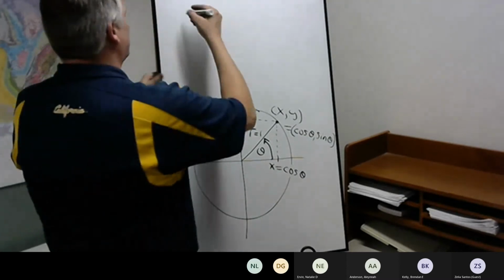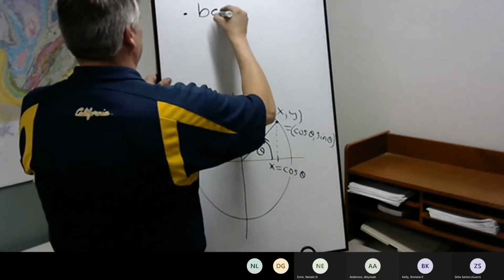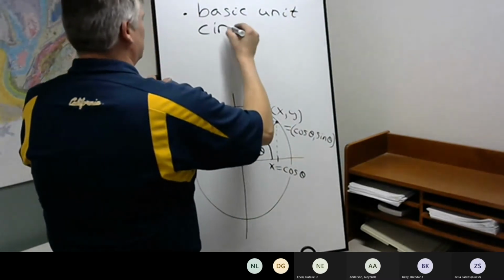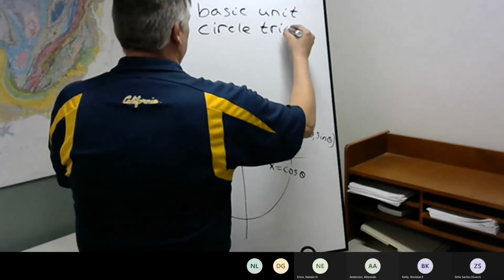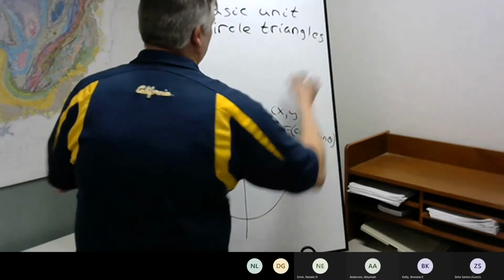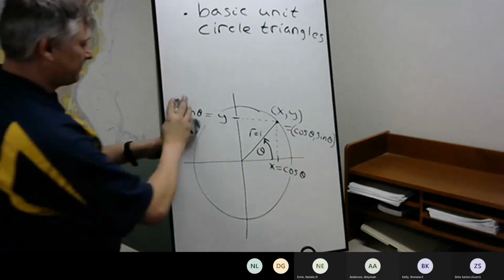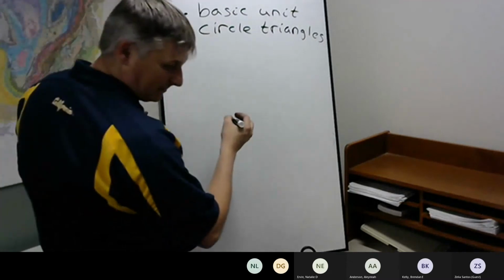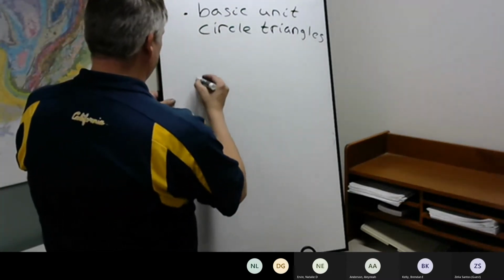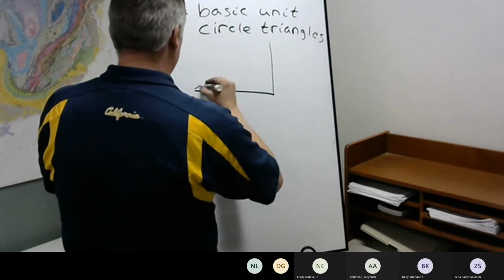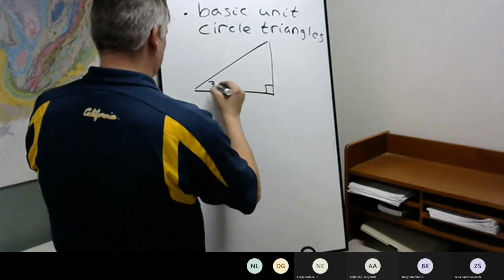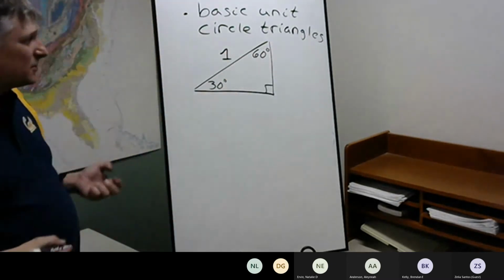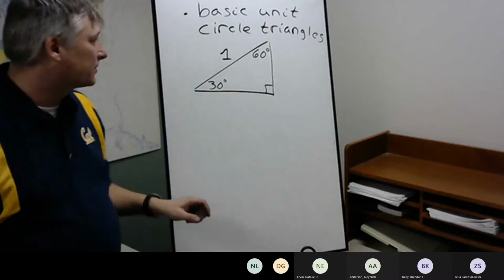So we have some basic triangles. So the first one, now again, this is a triangle you can put inside the unit circle.